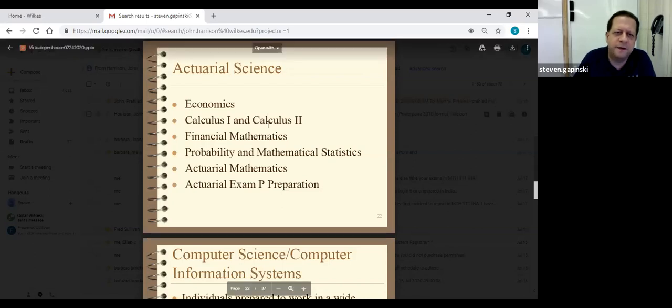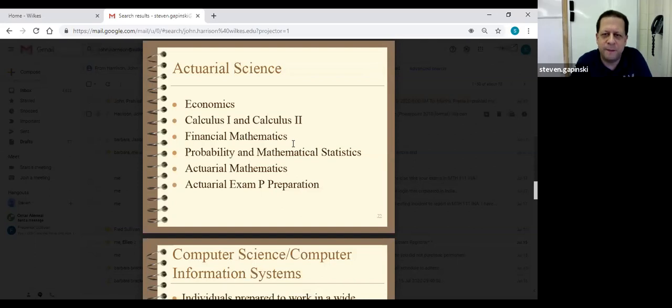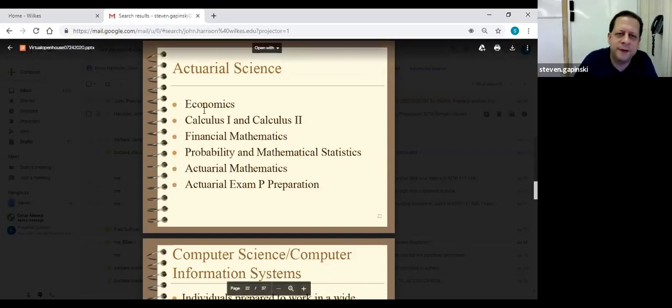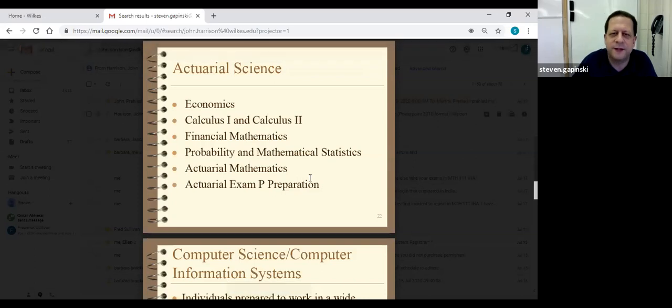And some of this stuff is interrelated, but the thing that stands out to me is this. Don't get me wrong, if you take a general math track, you're taking calculus and probability and statistics, but here in particular, you have the economics and financial math that you're going to get as part of your background.